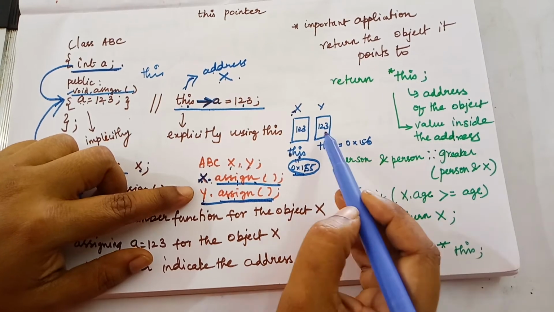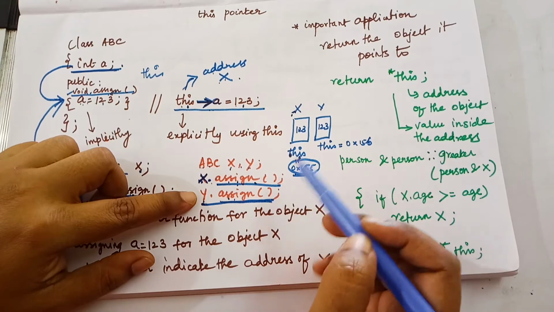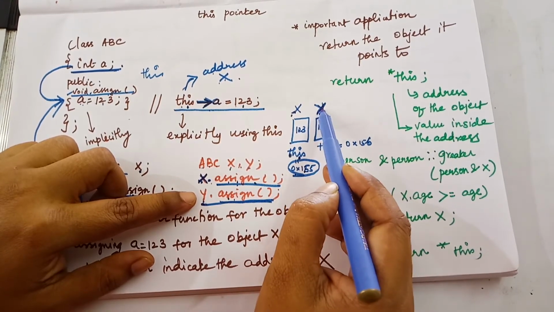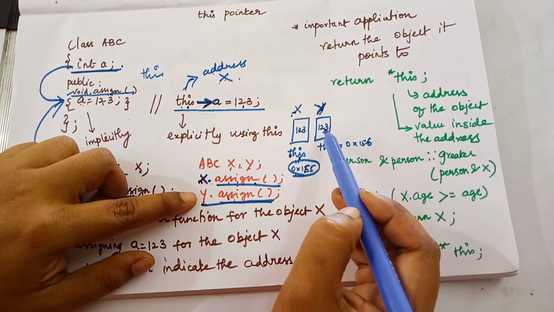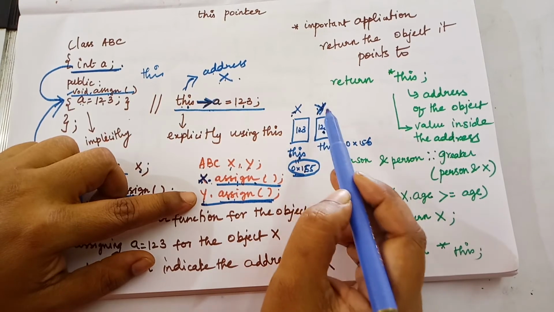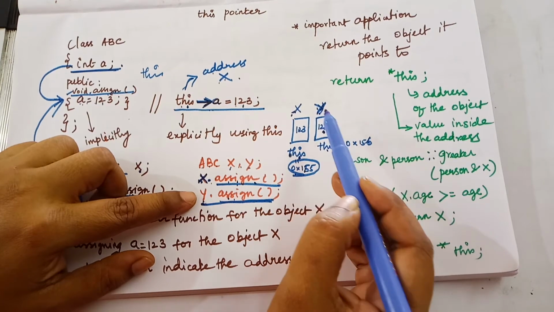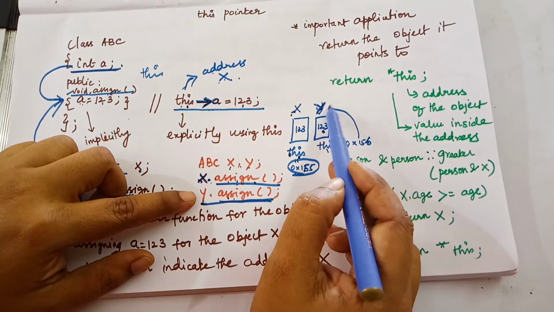Yeah? Then another statement, Y dot assign. That means what? I am creating an object Y and I am calling the member function for Y. So you are calling a member function for the object Y. So this pointer is allotted for the object Y and the content is the address of Y. Right?